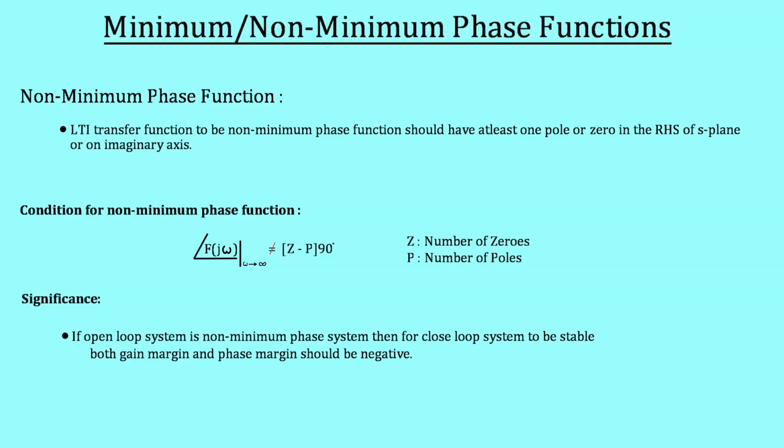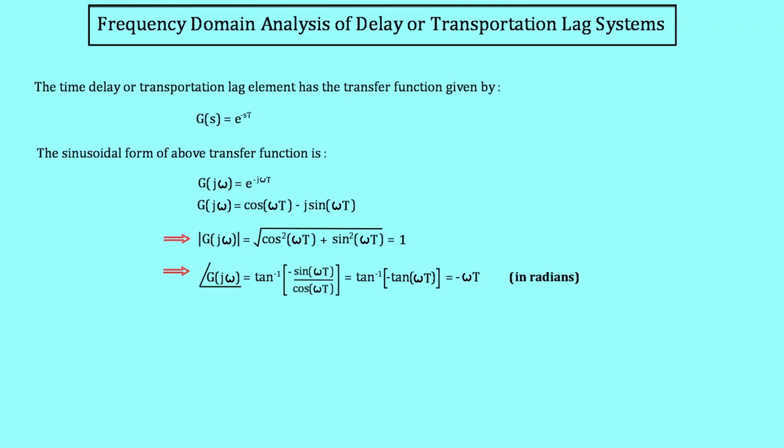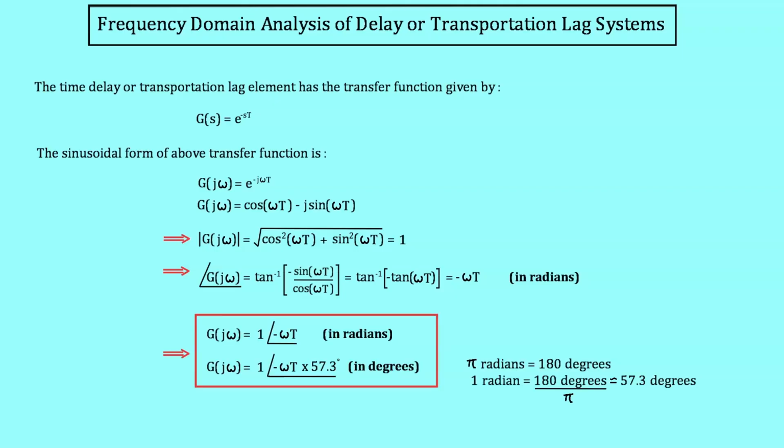There is one more very small topic, which is the time delay system, also referred to as the transportation lag system. The general form of the transfer function of a time delay system is e raised to the power minus sT, where the sinusoidal form of our transfer function can easily be found, which will come out to be cos omega T minus j sin omega T. You can easily find the magnitude of this transfer function to be equal to 1 and the phase to be equal to minus omega T. The transfer function can then be represented in the form of amplitude and phase, which will come out to be 1, providing a phase shift of minus omega T. Here, omega T is in radians.